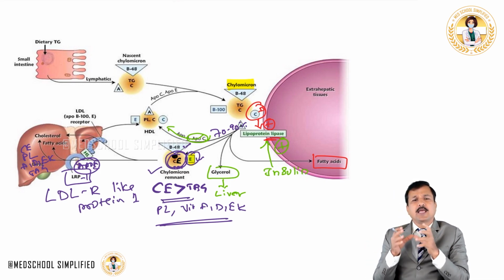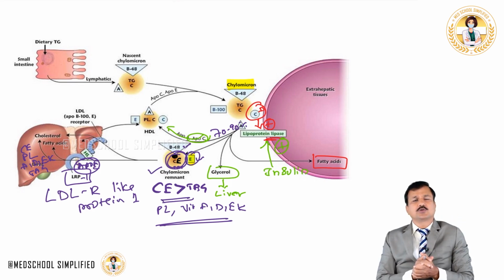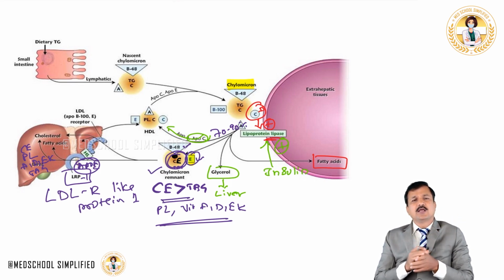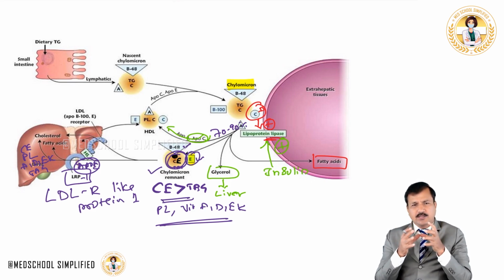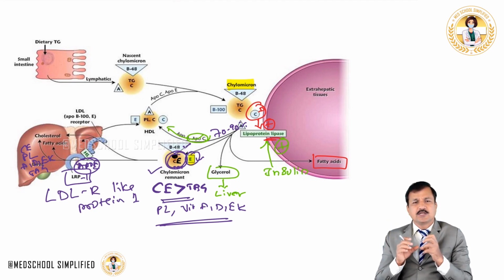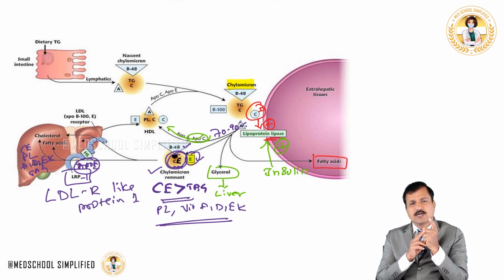At that time Apo C-II goes back to HDL, and we refer to the remaining molecule, with only Apo E and Apo B-48 on its surface, as the chylomicron remnant. It contains more cholesterol ester, phospholipid, a little bit of triacylglycerol, along with vitamins A, D, E, K.